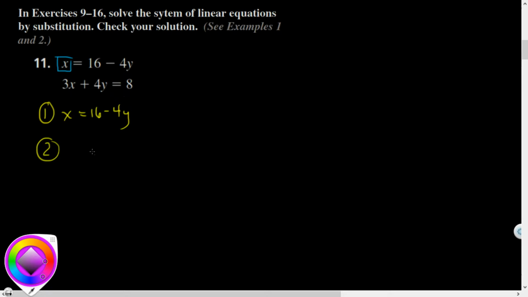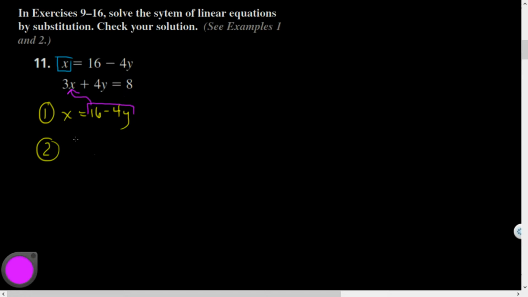Step 2 is substitute. So this is referred to as the revised equation, and this is the revised expression. If it's truly equal to x, as it claims to be, then I could replace any x with that expression at any time.